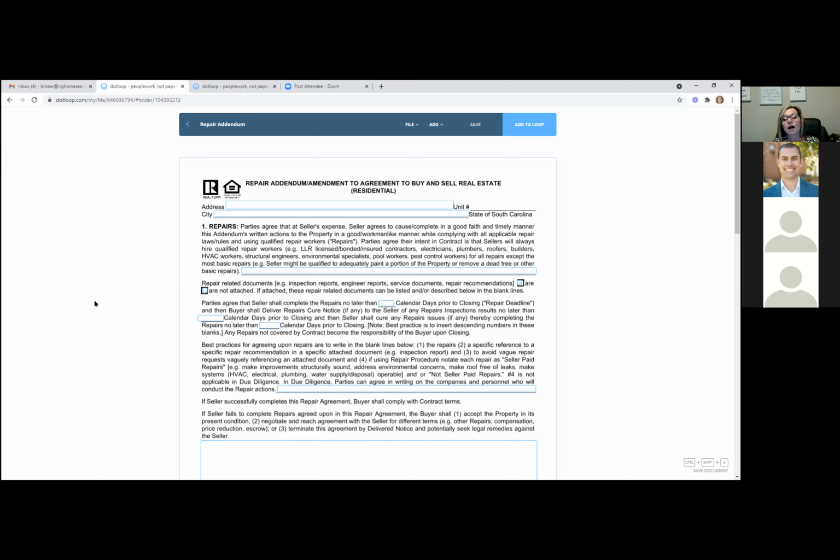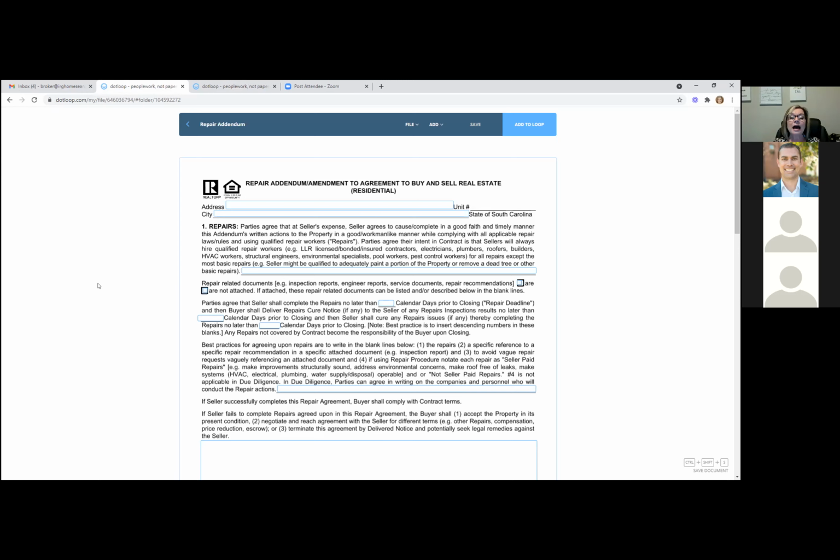The attorney may or may not release that earnest money, waiting on that other addendum to be signed. It depends upon their release of earnest money process, because they each have their own. But your buyer is released from that contract.